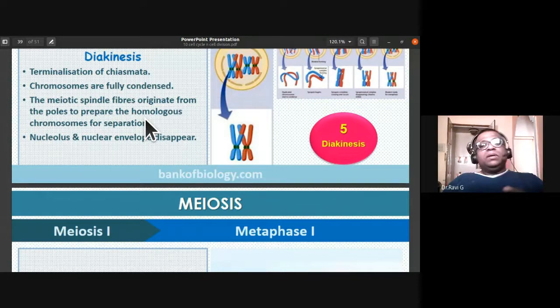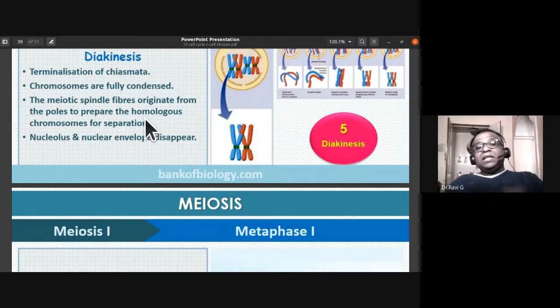So what you notice in diakinesis is terminalization of chiasmata. The chromosomes are fully condensed. The meiotic spindle fibers originate from the poles to prepare the homologous chromosomes for separation. So the homologous chromosomes, maternal and paternal, will be separated and move towards opposite poles, which we notice in the anaphase stage.